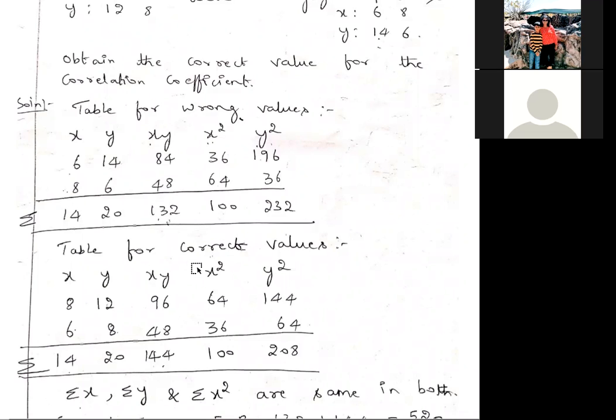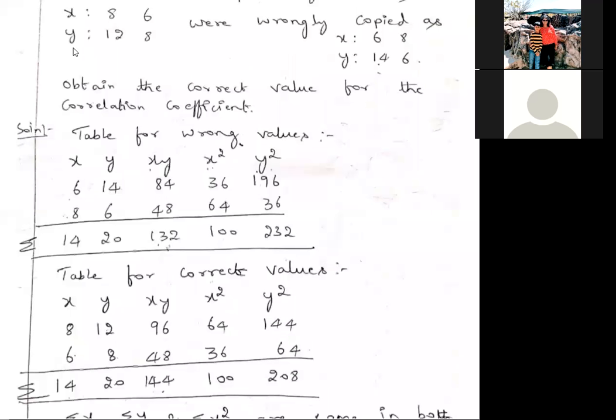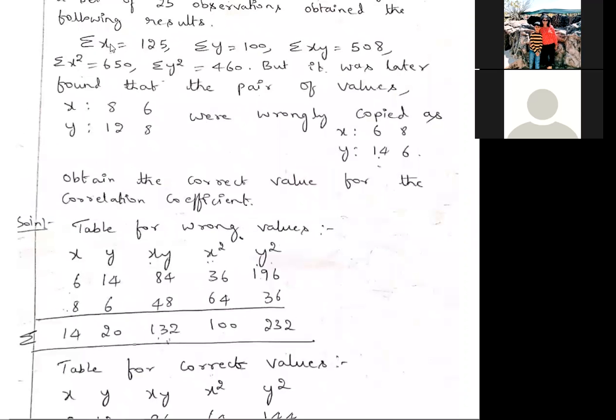On the same lines, we'll do for correct values. So I've done that here for the correct values. These two are the correct values. Find xy, x square, y square, and find all the summations. The next thing you should do is go back to the question. And what is summation x here? 125.